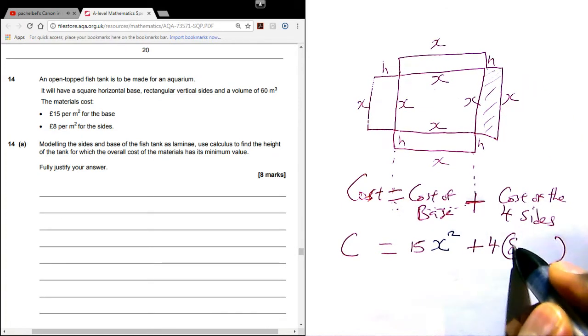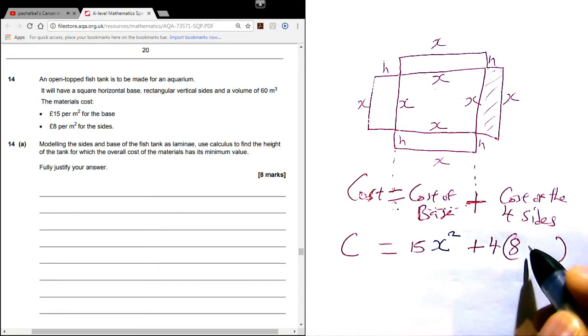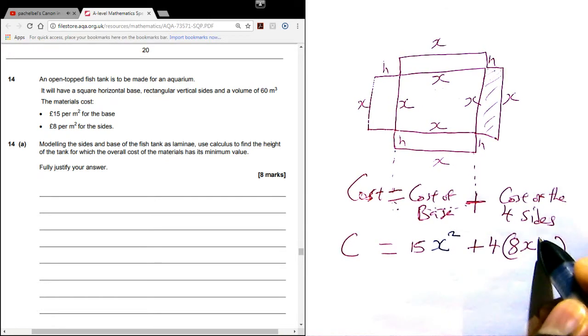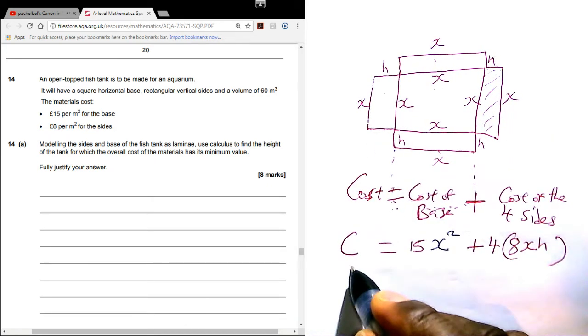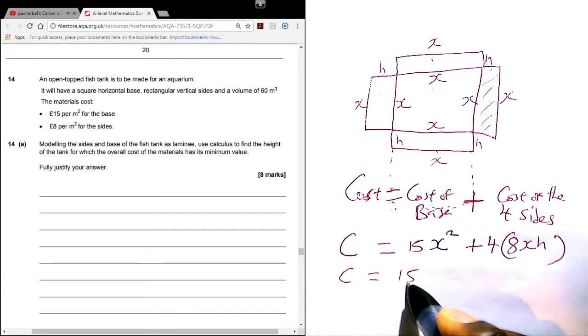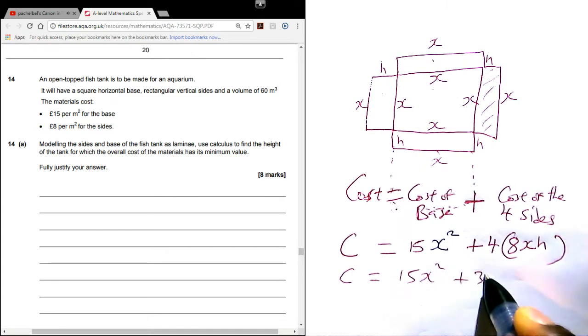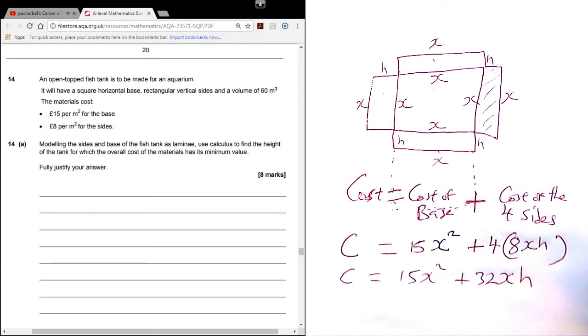So £8 for 1 meter squared, and when you have an area of xh meters squared, the total would be 8xh. But you need 4 of them because you have 4 sides, so that's 4 times it. So cost is therefore 15x squared plus 32xh.